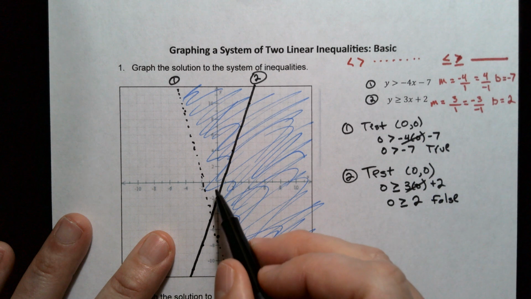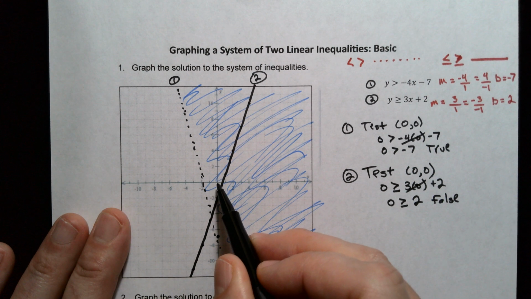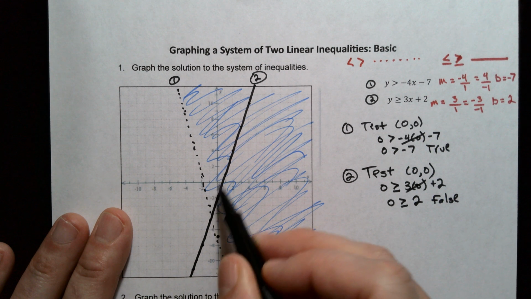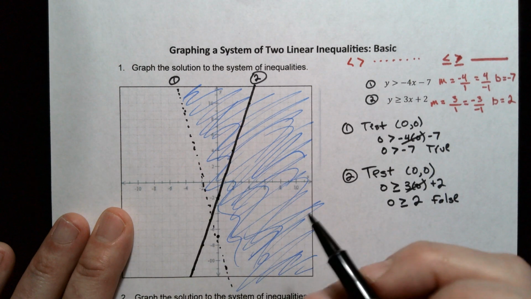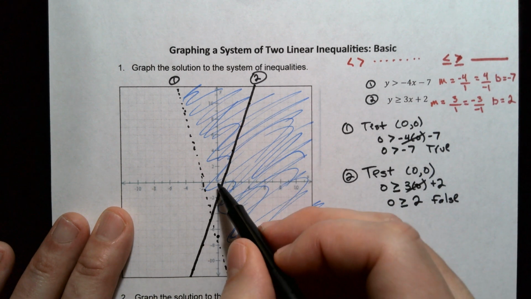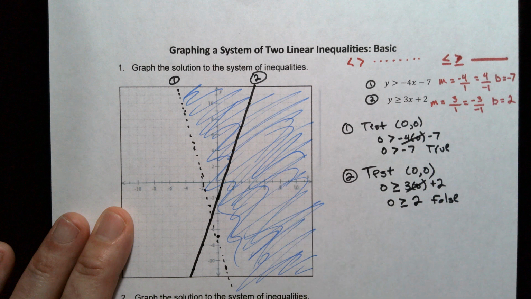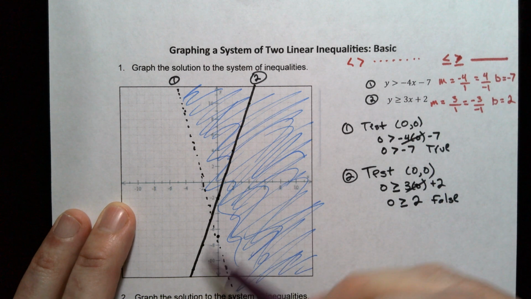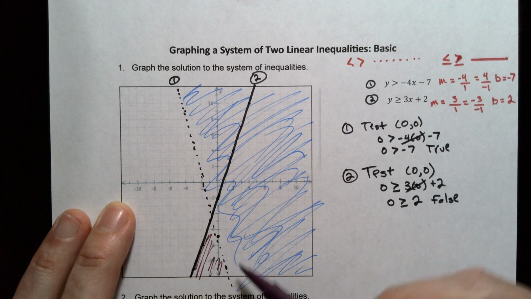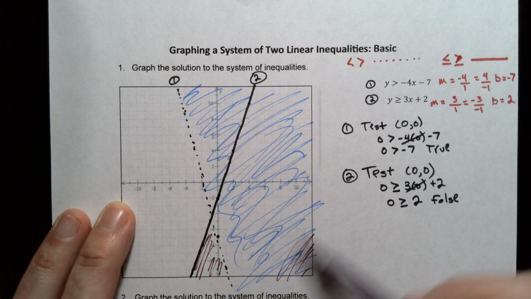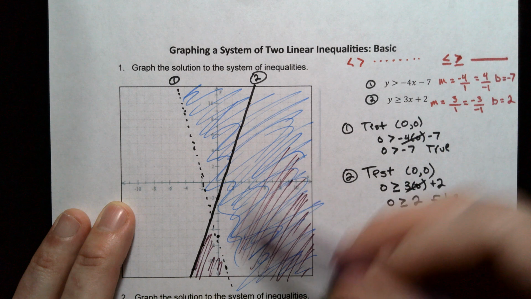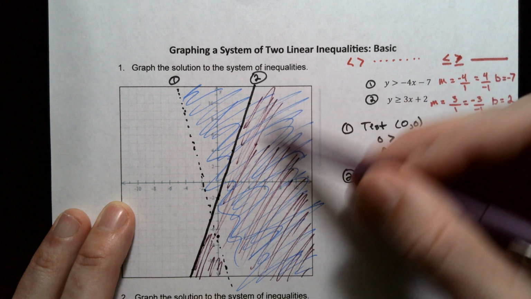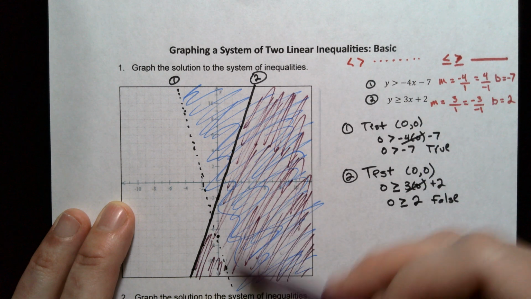So I tried this side of this solid line, 0, 0, and it turned out to be false. So I cannot shade this side. I have to shade the other side of the solid line away from this point. So over here, the other side of the line, I'll shade that one in purple. Here's a little bit that gets shaded down here, and then all of this stuff that was already shaded blue that's on the right side of this line gets shaded.